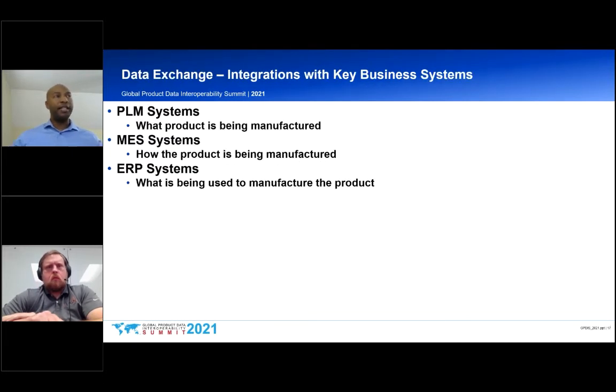So it's important that a digital thread solution, as I had mentioned, integrates with your PLM, MES, and ERP systems as much as possible, because it is a heterogeneous environment, and all of these types of systems store different pieces of information that are important for the digital thread.